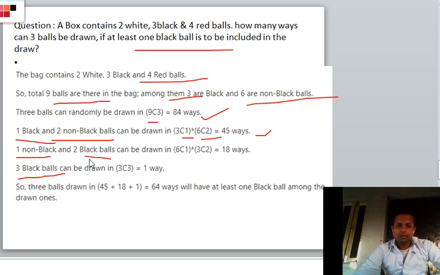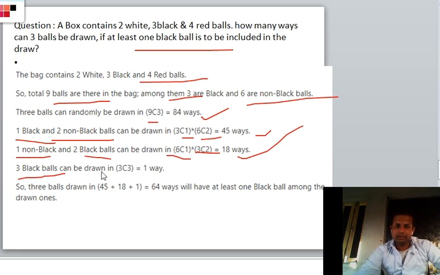Case number 2, 2 black balls and 1 non-black ball. 2 black balls have to be selected out of 3 black balls, by 3C2 ways, and 1 non-black ball out of 6 non-black balls, by 6C1 ways. So total 18 ways.